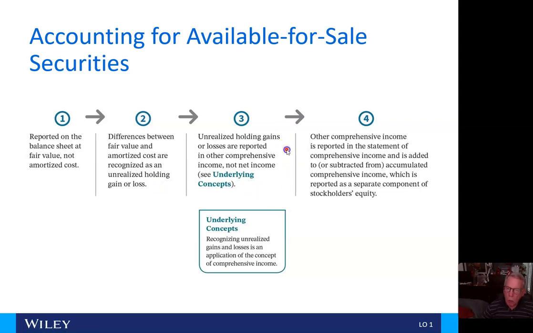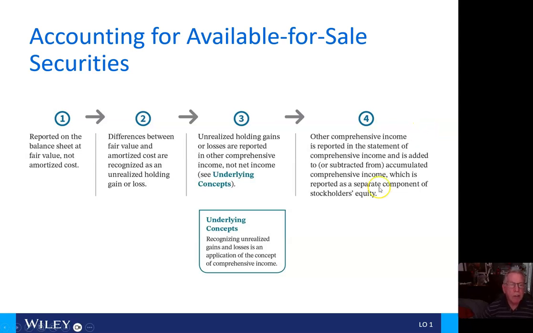And these unrealized holding gains or losses are reported in the other comprehensive income, not net income, right? And if we look down here, we're recognizing unrealized gains and losses as an application of the concept of comprehensive income.